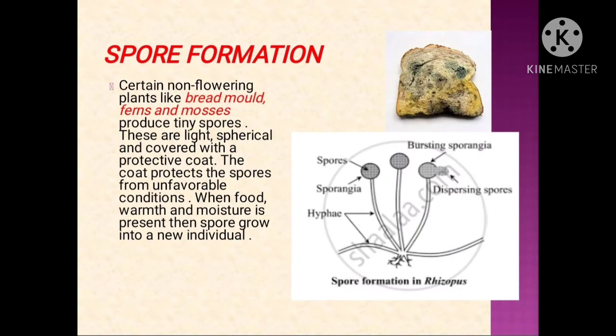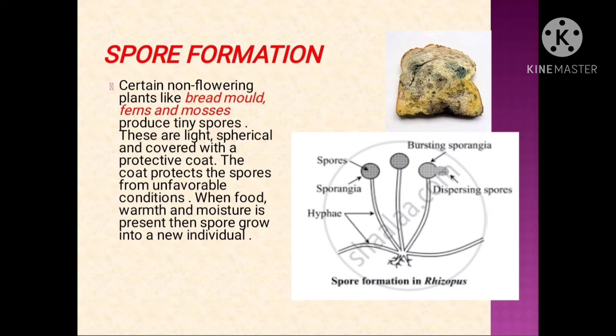Some bacteria and lower forms of life form spores. The spores are small, single-celled reproductive bodies which are covered by a thick and hard protective coating. This protective layer helps them to survive under unfavorable conditions such as extremely high temperature, lack of food and water.